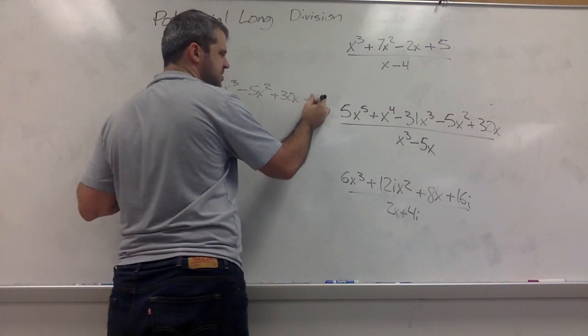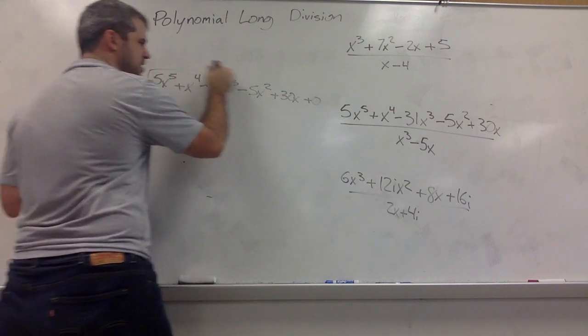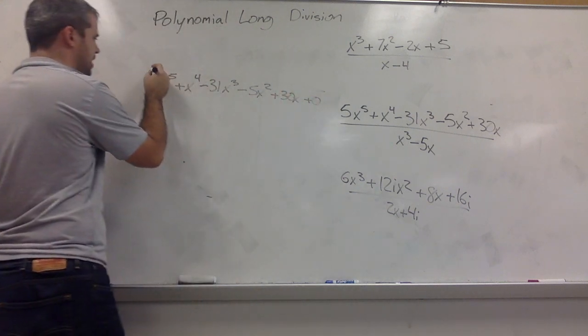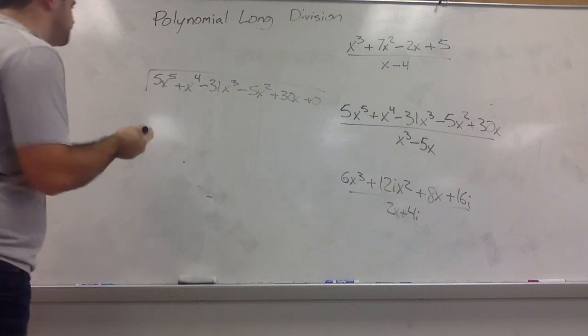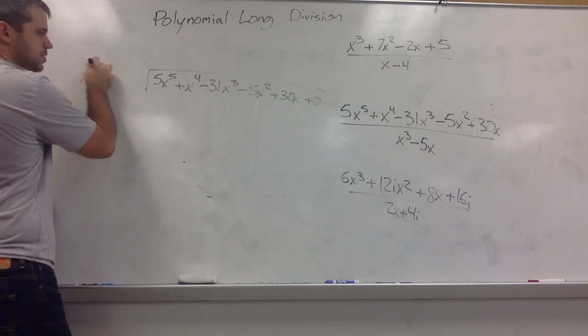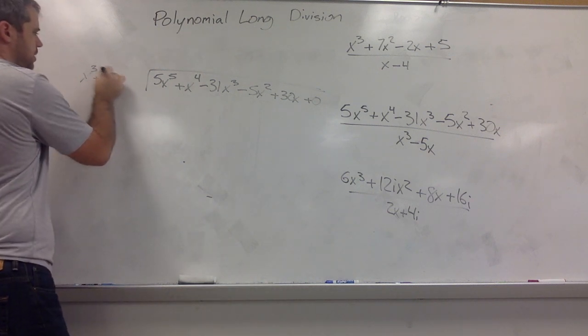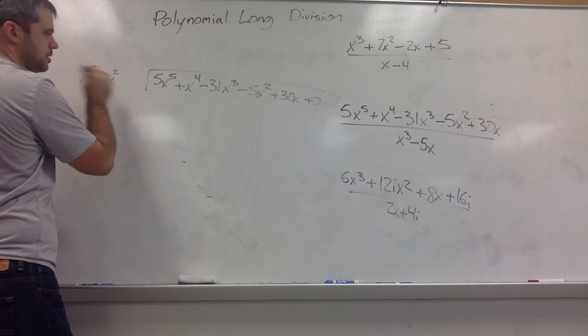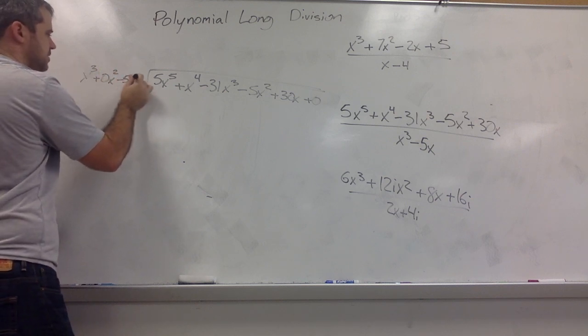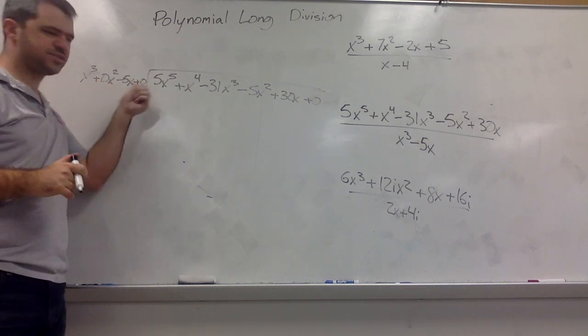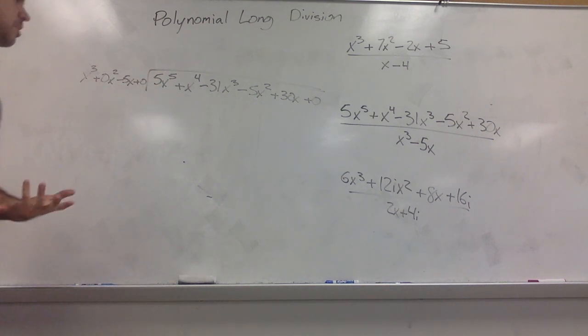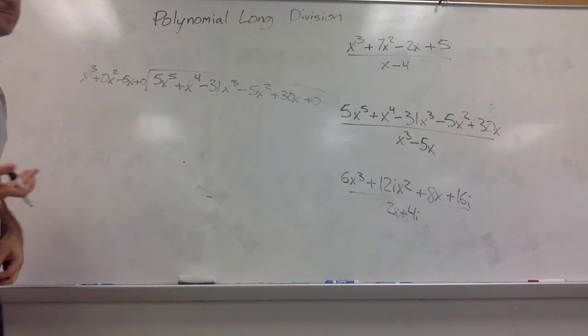And I'm going to put a plus 0 just so we can acknowledge that there's nothing in that spot right there. And I'm going to do x to the third plus 0x squared minus 5x plus 0. Again, you don't necessarily need the zeros, but that's just going to remind you to leave a space.